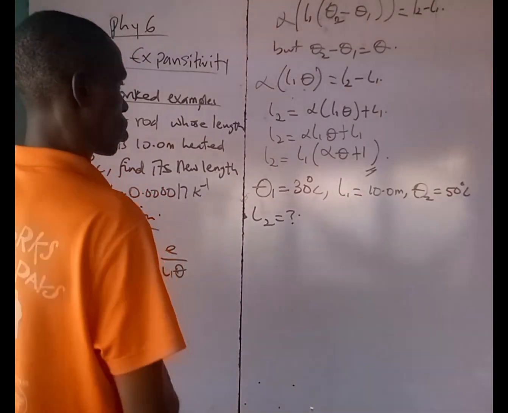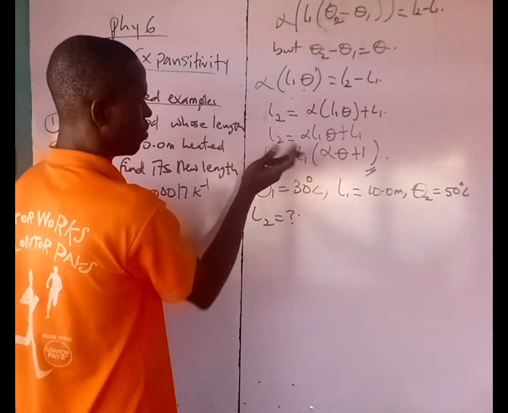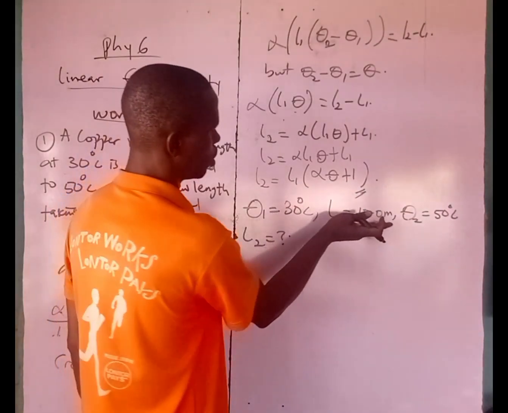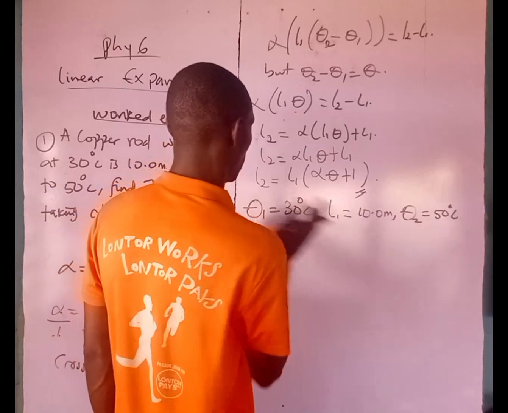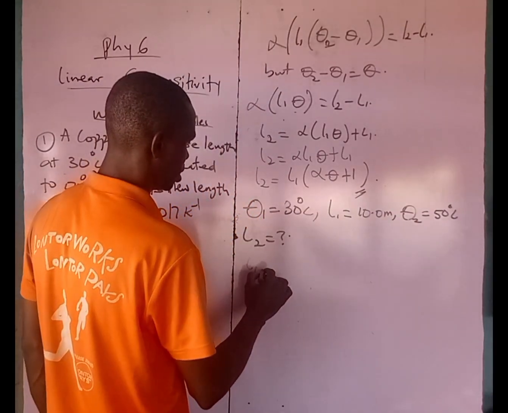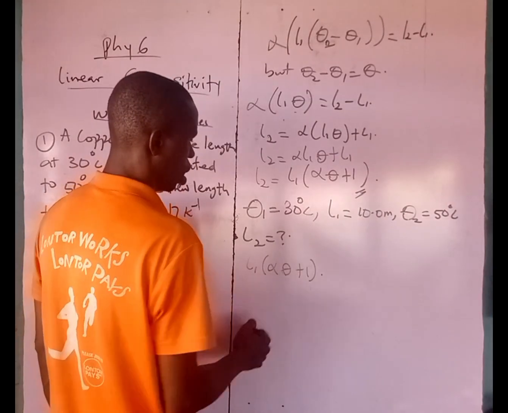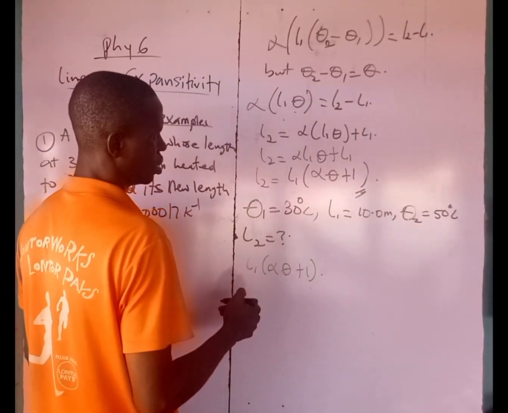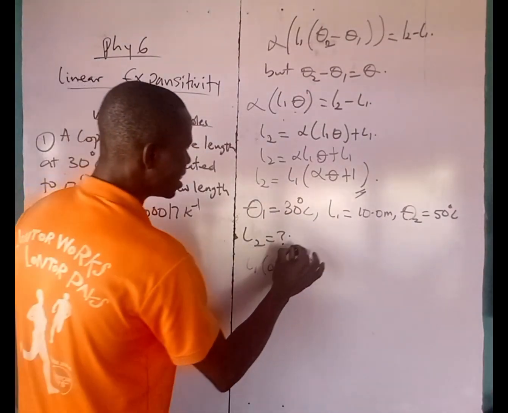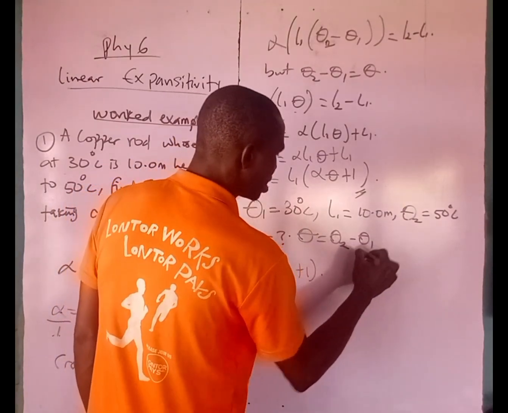Now, from here we can slot it in. This is our formula. So let's slot what we have into this. Now, this is theta 1. Never forget our formula, L2 equal to L1 into (alpha theta plus 1). Don't forget, what's theta? This is theta. Hope we did not forget. So theta is equal to theta 2 minus theta 1.